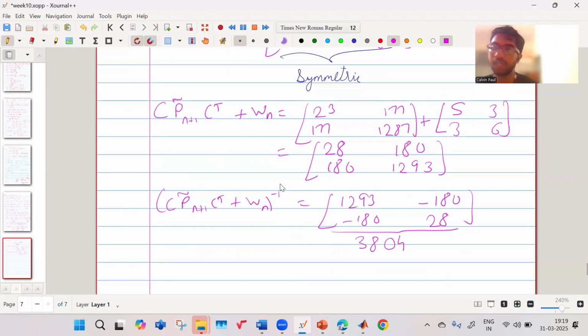We are dealing with huge numbers because I have chosen some numbers randomly, that's why they come out difficult.